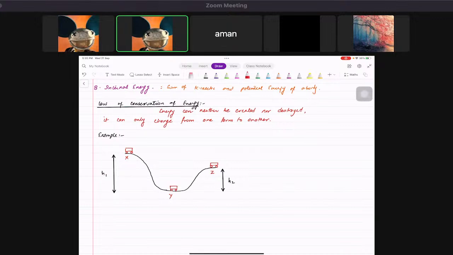So it says that basically a trolley starts from rest at X and reaches Z and comes to rest.